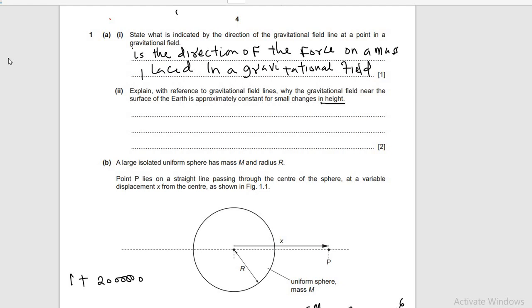the gravitational field near the Earth's surface is approximately constant for small change in height.